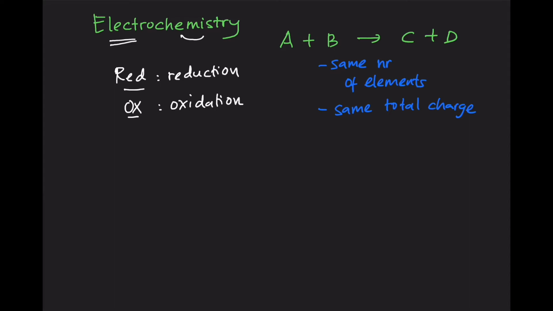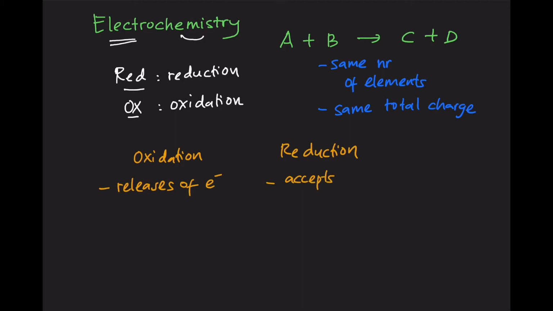Oxidation and reduction can be identified based on the following criteria. Oxidation normally involves reactions that release electrons. Reduction will accept the released electrons.